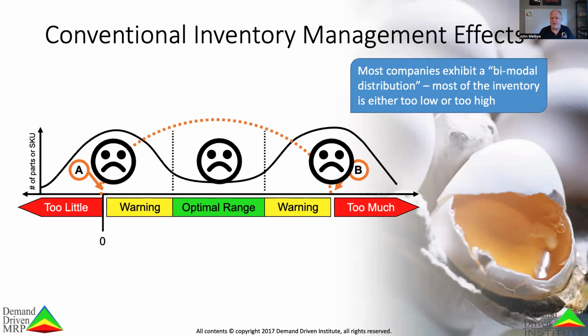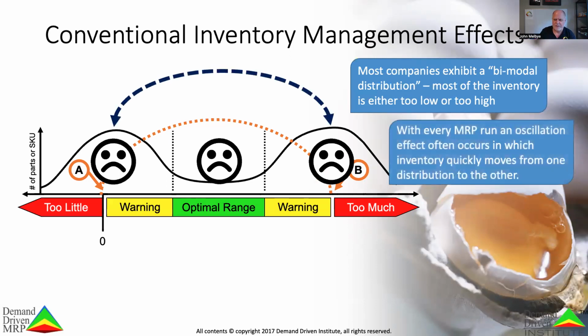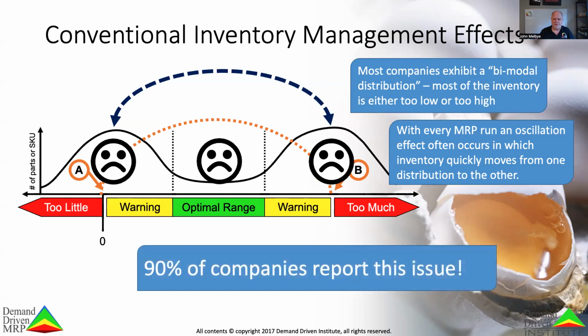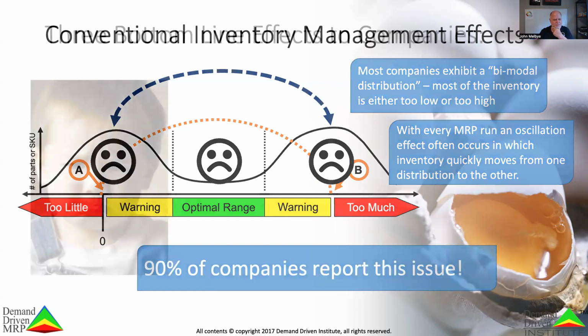It was basically the perfect make-to-order calculator, not a way to manage inventory. With every MRP run, we go back and forth, and inventory moves from too little to too much, and vice versa, because of all the other things that are changing in that same time. And 90% of companies report this issue.